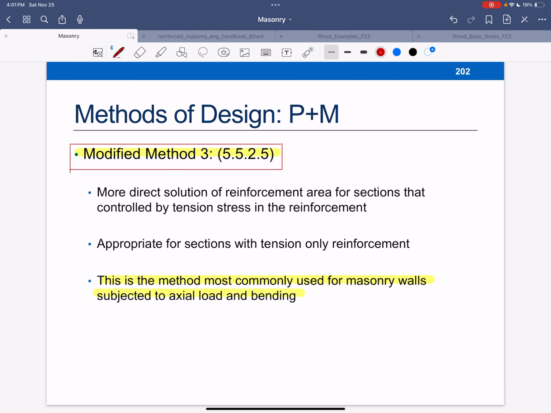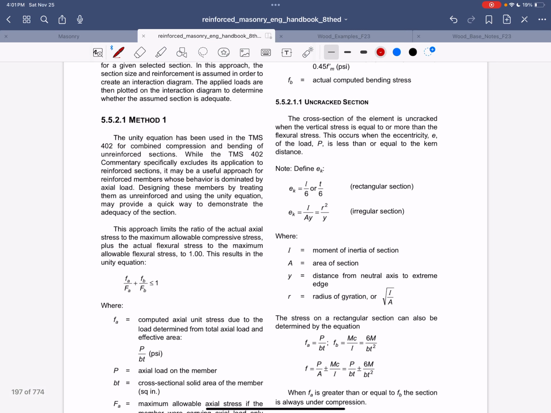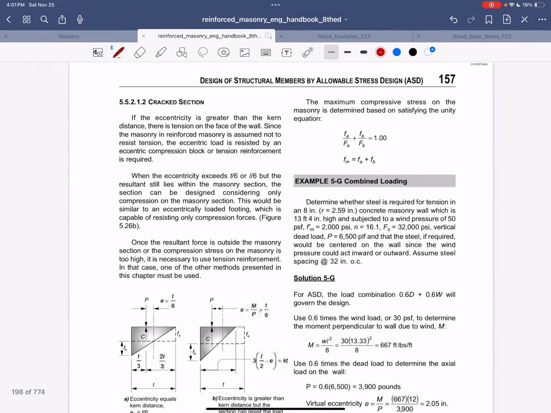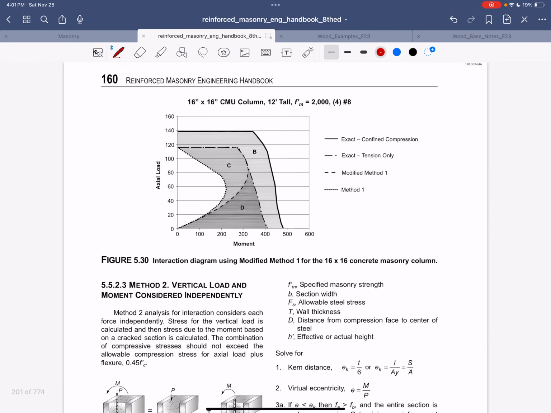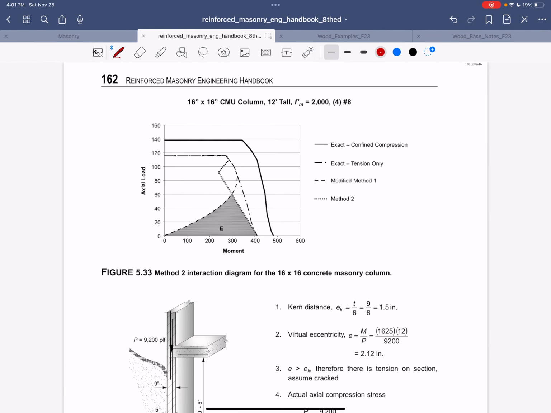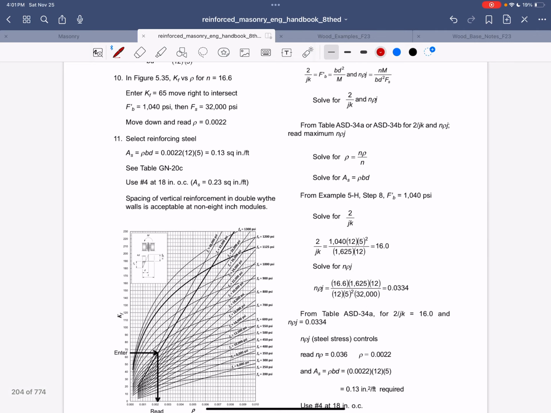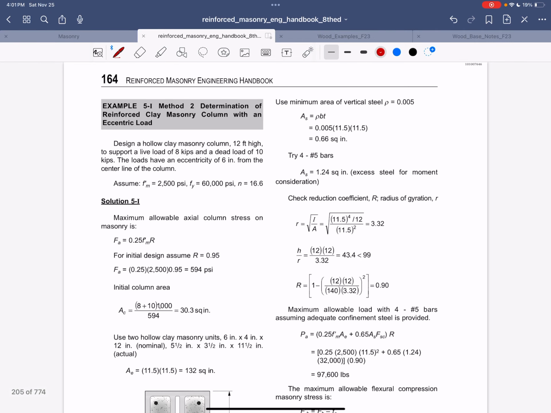There's method 3 and modified method 3. Modified method 3 is in section 5.5.2.5 of the handbook. If you go into that, that will give you how each one of these is derived.